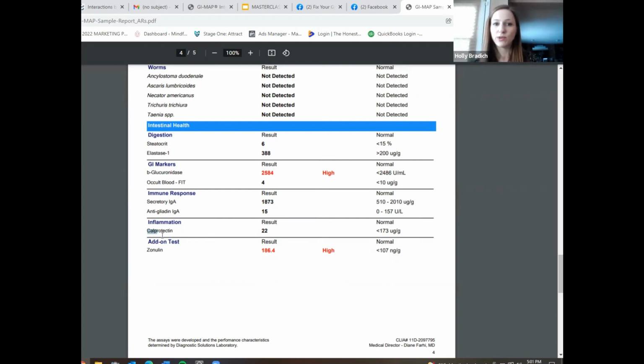So that's totally fine. This one is an add-on. There are options for add-on tests with the GI map. In this case, it's zonulin, and they are high for zonulin. Zonulin is a marker of leaky gut, which we have talked about before. We know that leaky gut happens when we have chronic inflammation in the gut, whether that's from food, alcohol, drugs, and or bad bacteria causing inflammation.